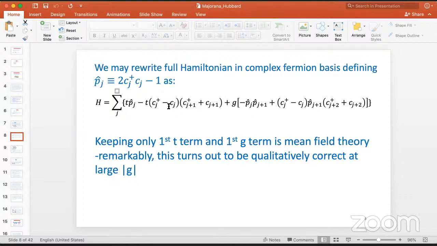But then we have rather complicated terms: a hopping term, which involves not only hopping but also a nearest neighbor pairing term. And we have rather complicated interaction terms that involve 3 sites, actually: C dagger j minus Cj, Pj+1, C dagger j+2 plus Cj+2. If we keep only the first t term and the first g term, this is mean field theory. And remarkably, this turns out to be qualitatively correct at large enough g, as we will see.